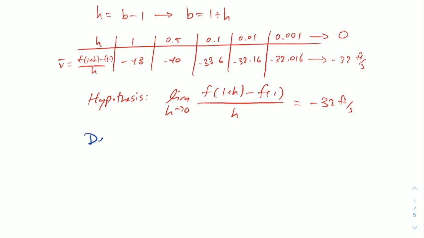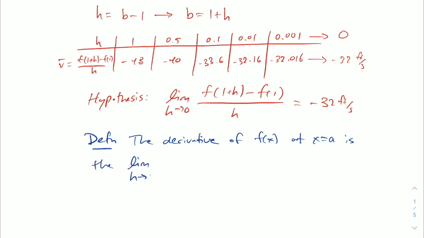So let me define the derivative. The derivative of a function, typically a function of x, though in the example we've been looking at it's a function of t, at a point x equals a is the limit as h goes to 0 of f of a plus h minus f of a all over h.